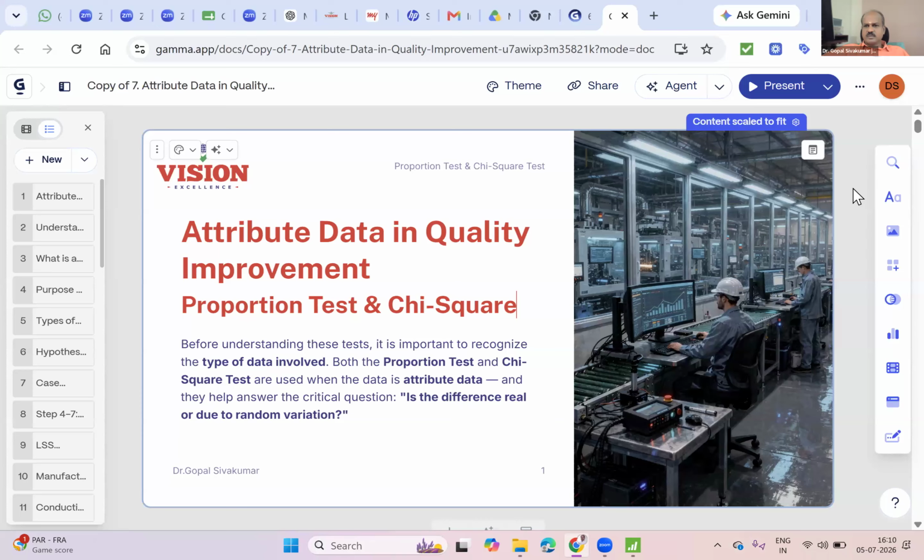Share the screen. Complete screen. Please confirm if you can see my screen. Yes, sir, we can see your screen.